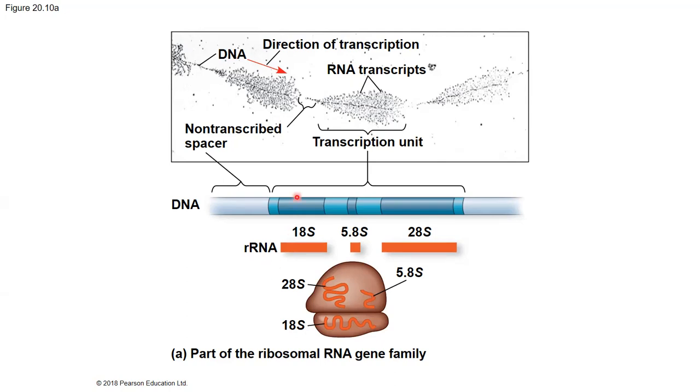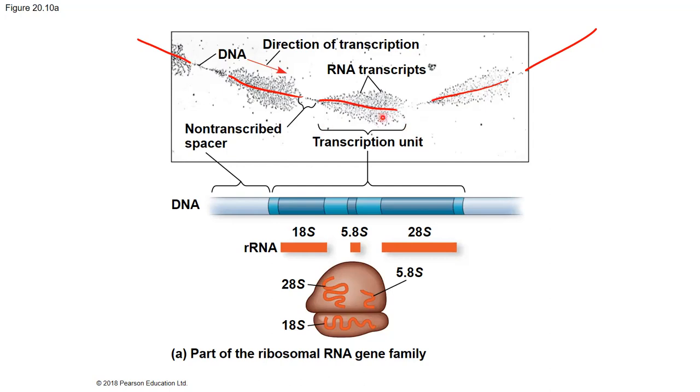So you have hundreds of copies of these genes clustered tandemly or repeated tandemly. You have hundreds or thousands of them. So this is, for example, one rRNA gene. This is another. This is another. And there will be hundreds. And all of them are repeated in the same region and in tandem. Tandem means one following one.